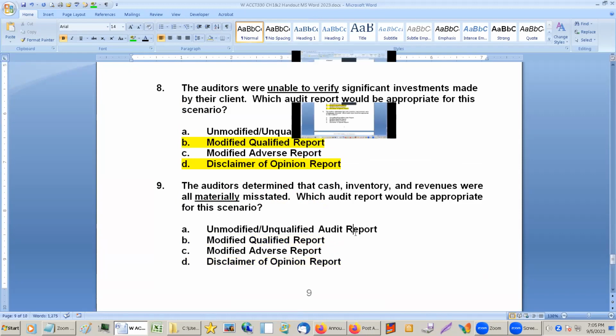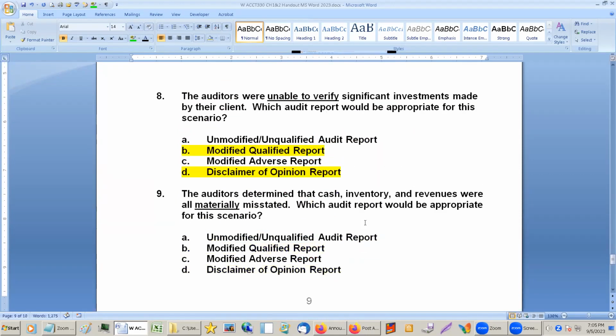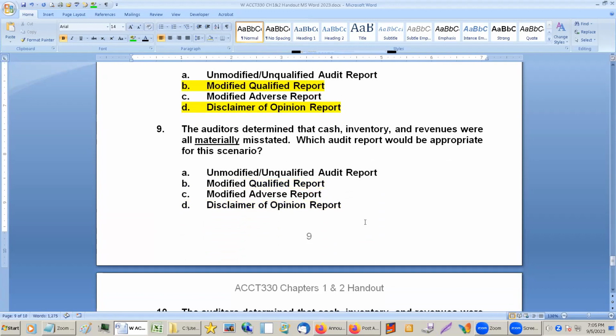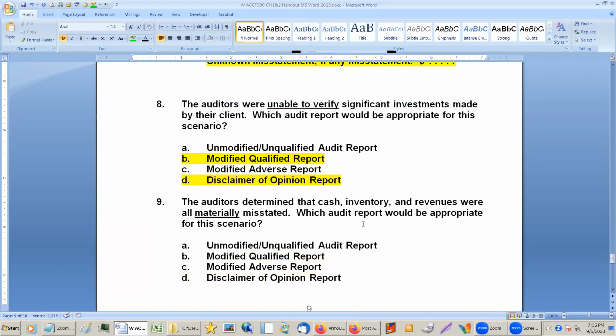Okay. Number 9. The auditor determined that cash, inventory, and revenues were materially misstated. Which opinion would be appropriate in this scenario? Adverse? Yep. Very good. It's more than one account.